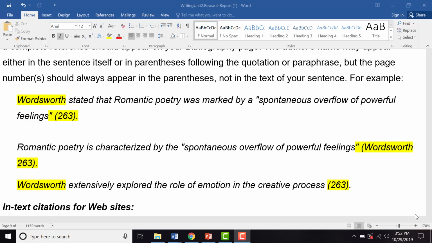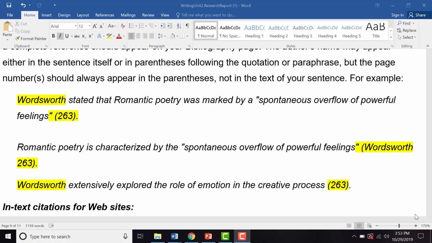Turn your attention to the backside of your note-taking sheet, where I provide you with 3 examples of in-text citations that came from a book. Okay? So here are your options when citing a book in text.